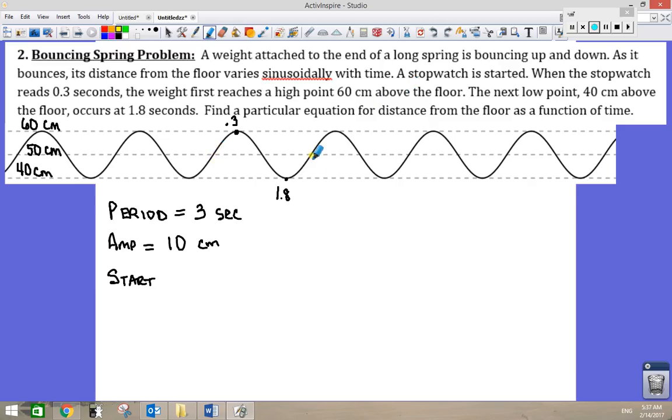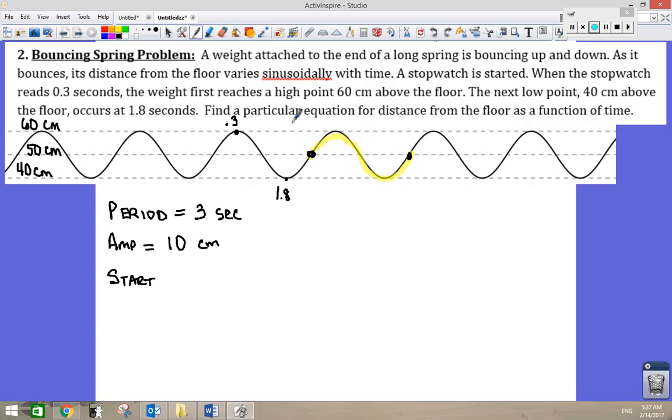So we could go over to here and go for this one cycle from here to here. We could start here and just do a reflection, a negative value across the x-axis.